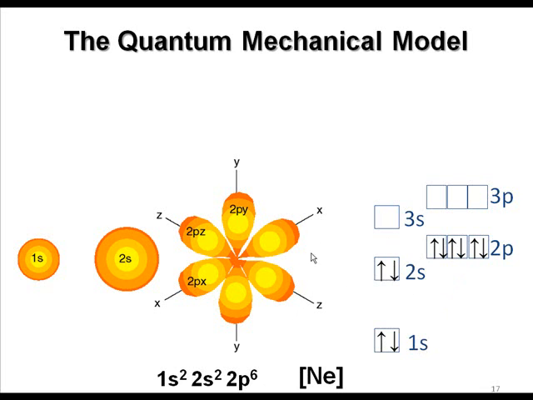And if you were to ask to diagram where all these electrons actually appear, you would list them here. So this is the quantum mechanical model. Here is the actual space-filling orbitals. Here is the energy location of every electron. And this is the shorthand electron configuration listed here. And this now is the bracketing showing neon.